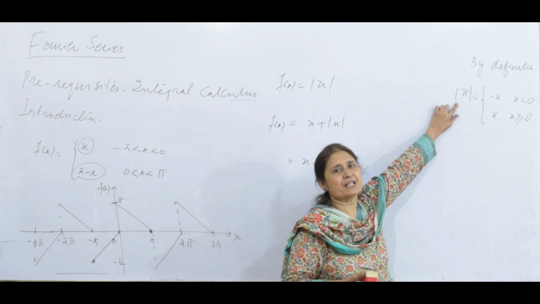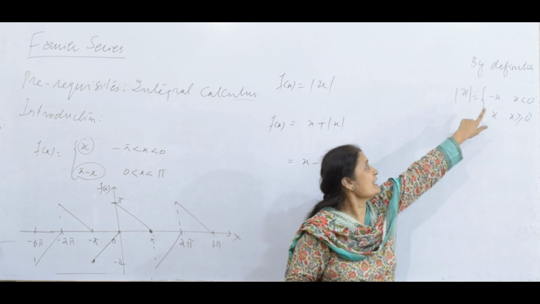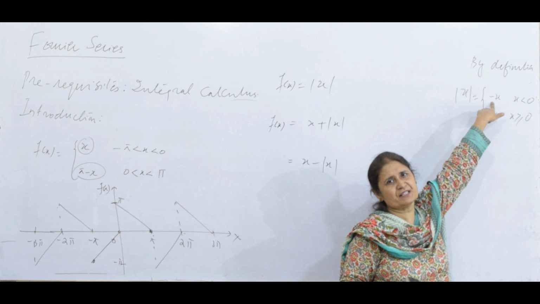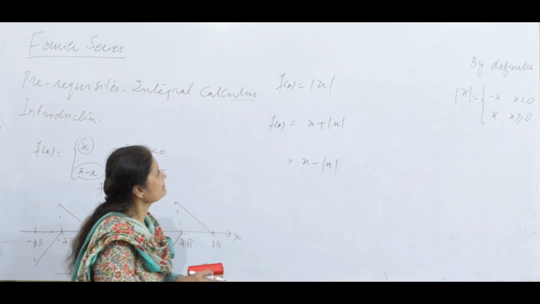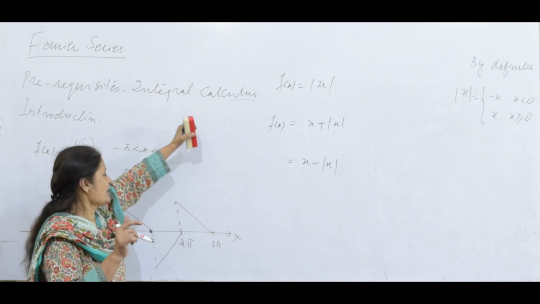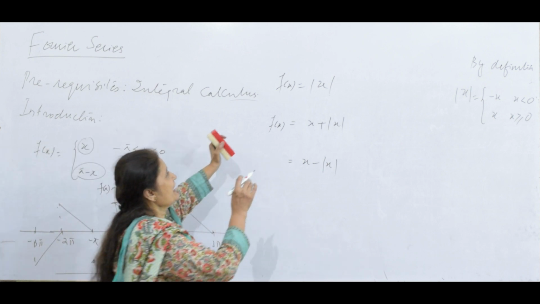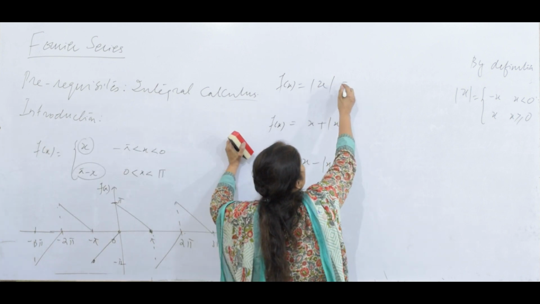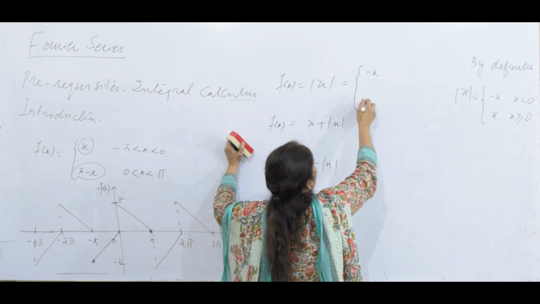Whenever you are having this x mod, you are going to use the definition. When x is less than 0, it is minus x, and when greater than or equal to 0, it is plus x. I have written for 2 pi. All the functions which I am going to sketch are for period 2 pi. Let me have this minus x, and this is x.